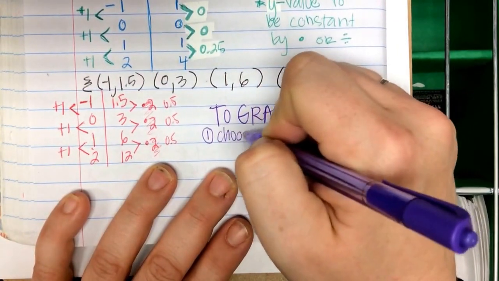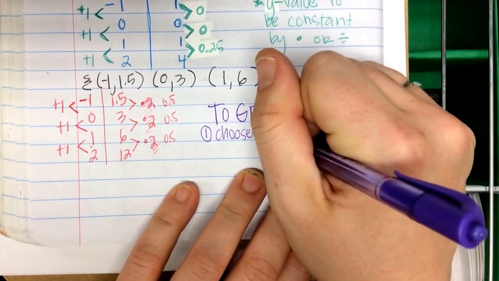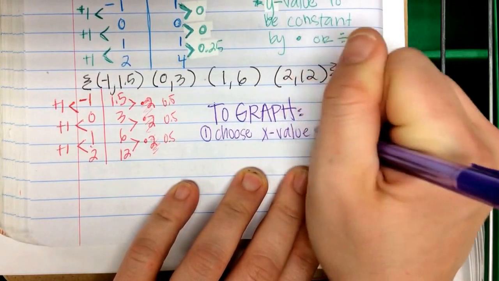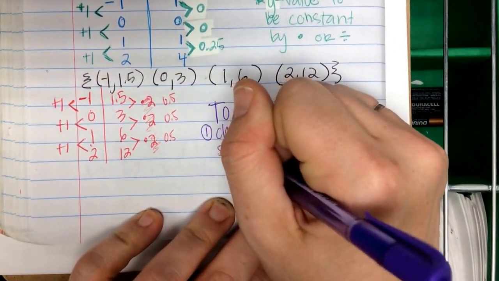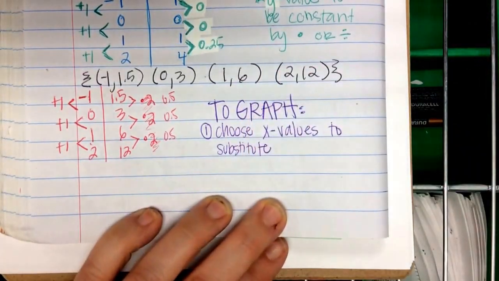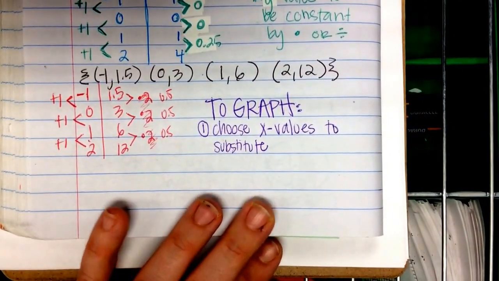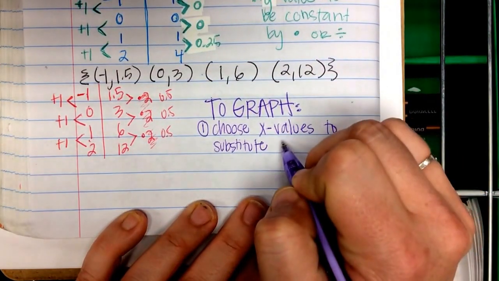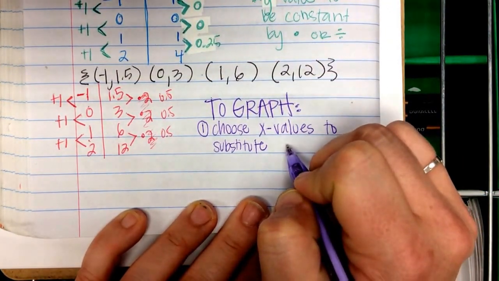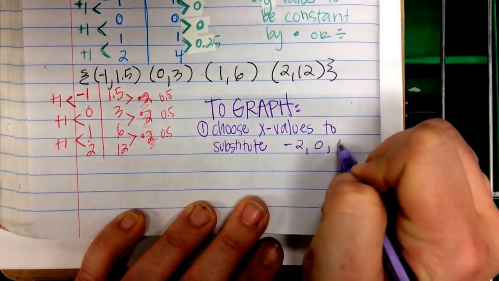You choose an x value or x values to substitute. On your homework, they're going to give you the numbers, but if you're asked, I think it's easiest to do -2, 0, and 1.